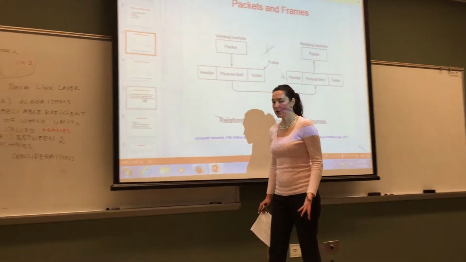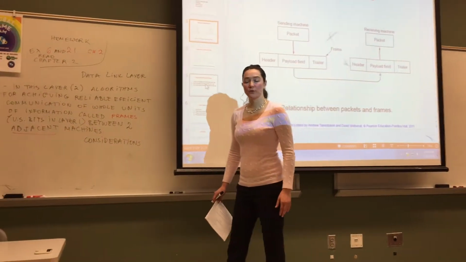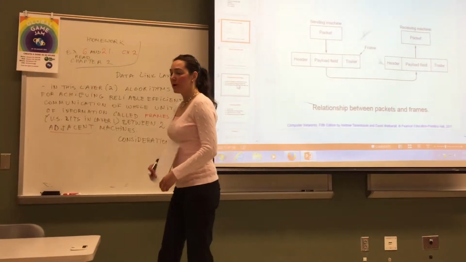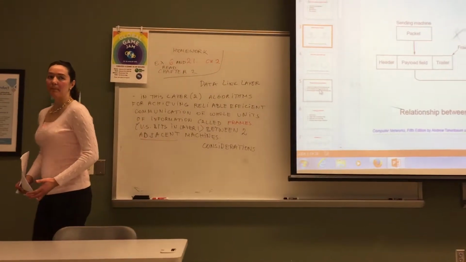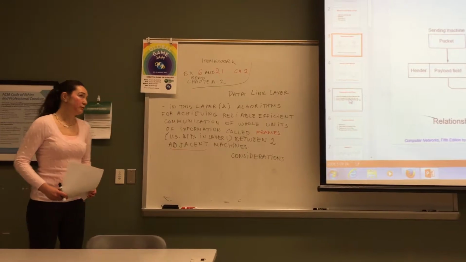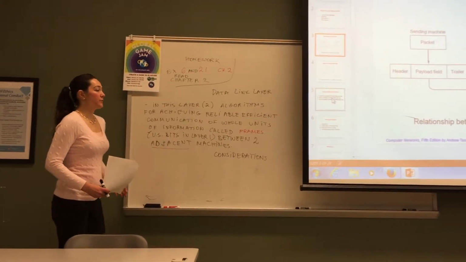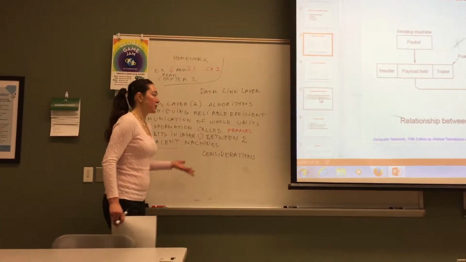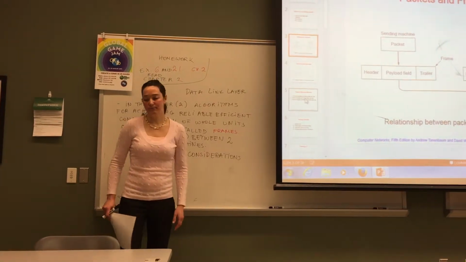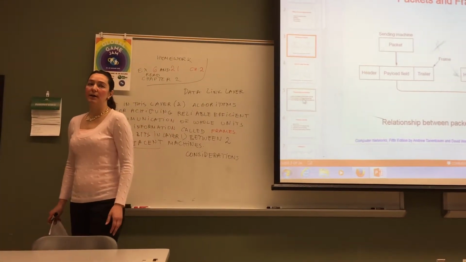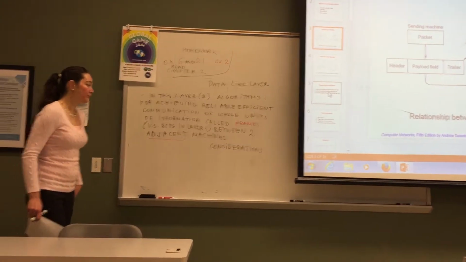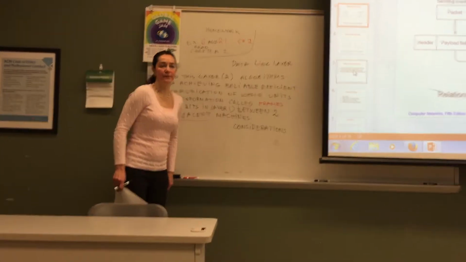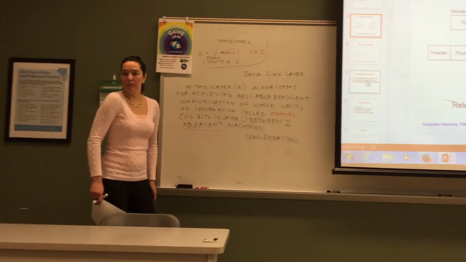If they don't match, then the receiver knows that there's an error, and either it can try to correct the error by calculating what the data was supposed to be, if there is enough redundant information to do that within the parity check, or it will simply say this is garbage, go ahead and resend it. I'm not able to fix this.